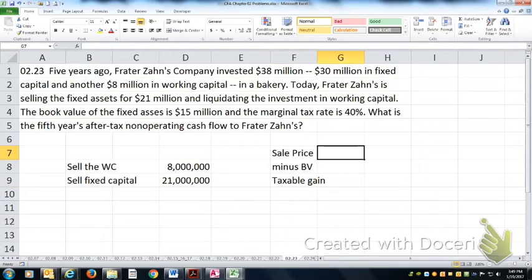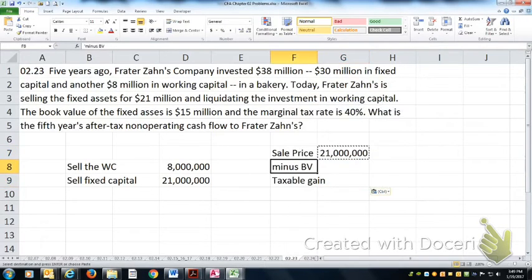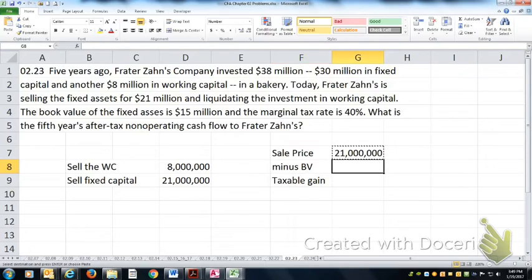Okay, so if I sell it for $21 million and I'm carried on the books at $15 million, that means that I've depreciated too much of it. And Uncle Sam comes back and charges me income taxes.